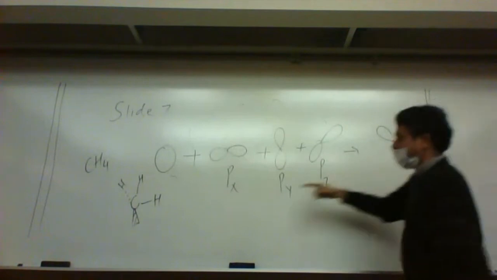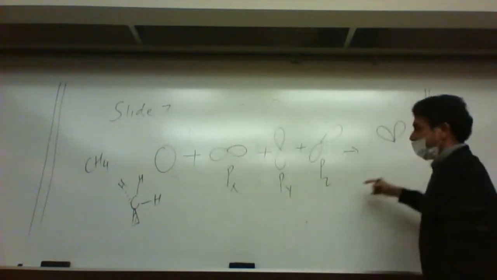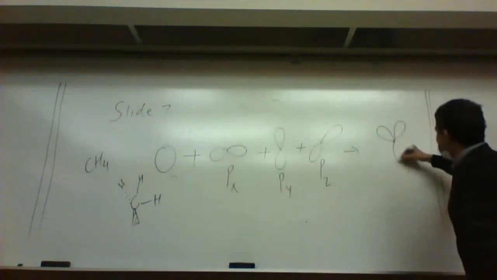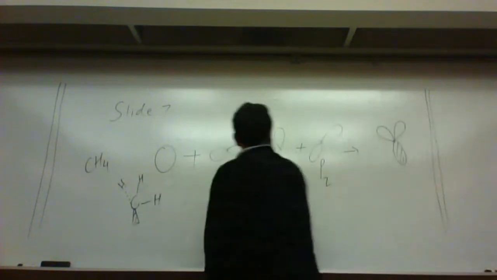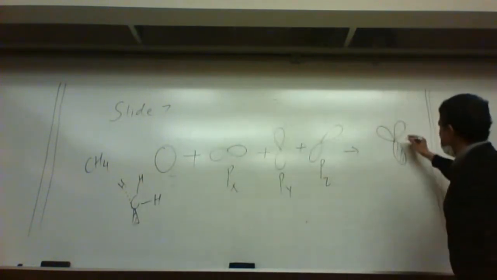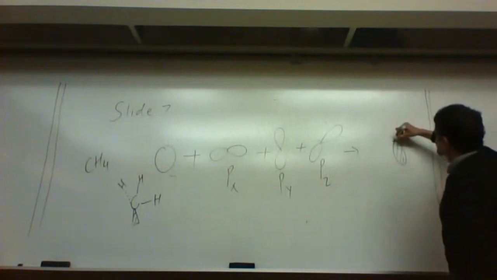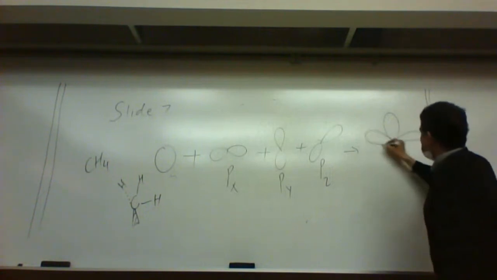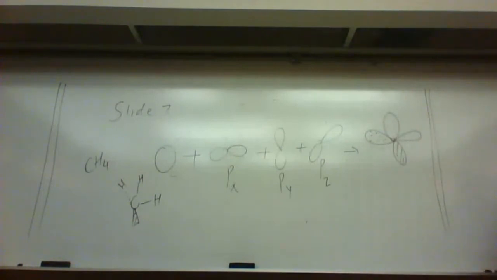This one is coming toward me, this one is maybe in the plane of the board, and this one is going away from the board. Exactly like the CH4 molecule.